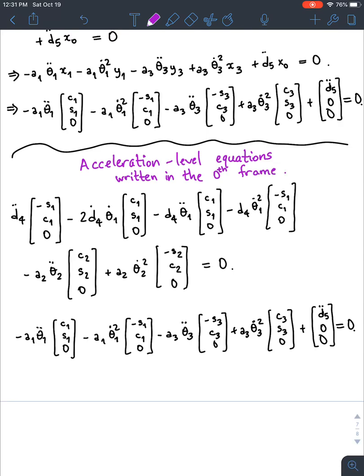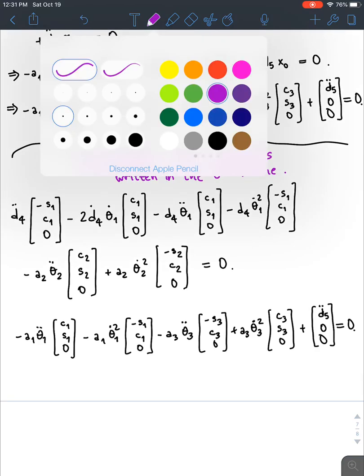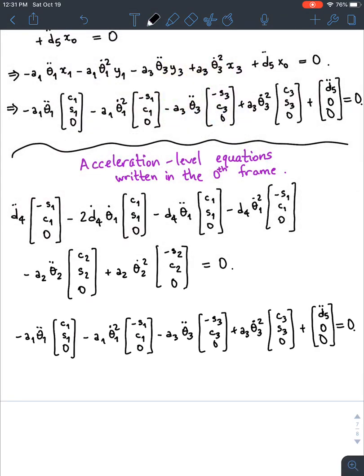Very good. The final step, of course, as you can see, first of all, as you keep differentiating, the equations get more and more involved. However, it's hard to write them. It's long to write them. It's not hard, but it is long, tedious to write them.